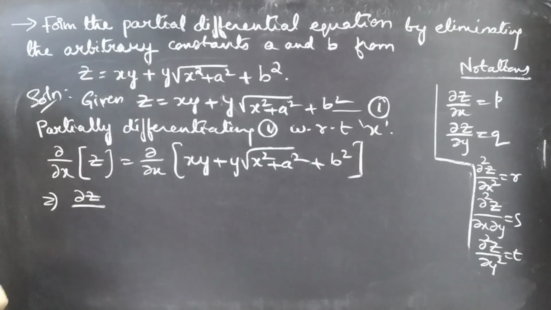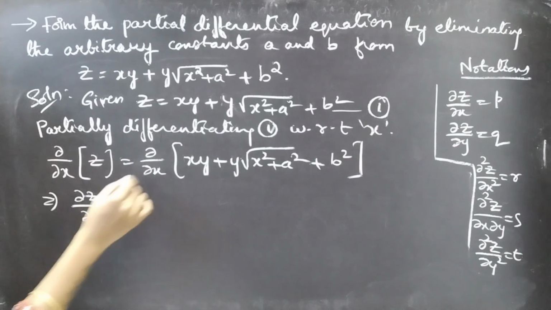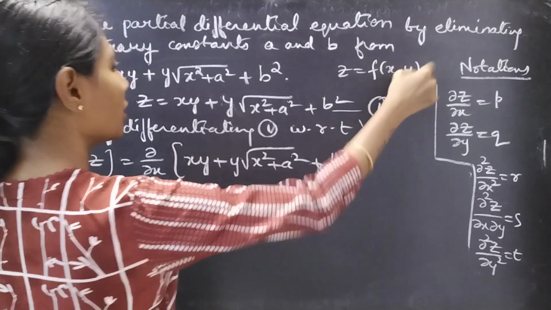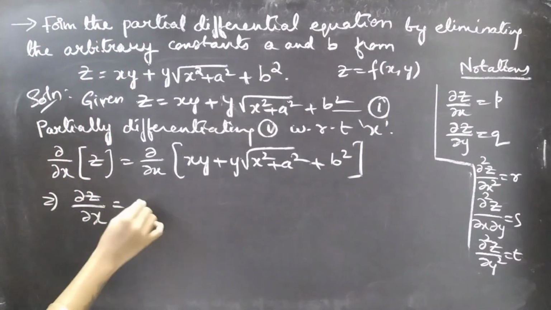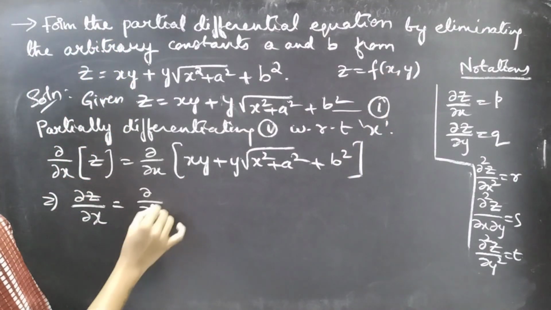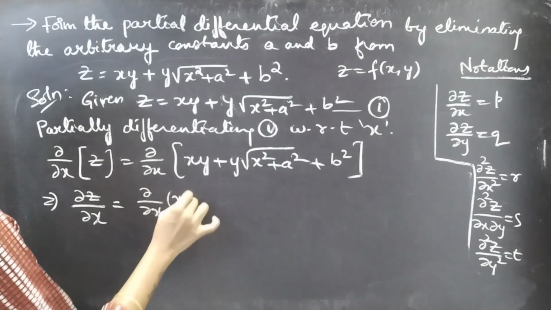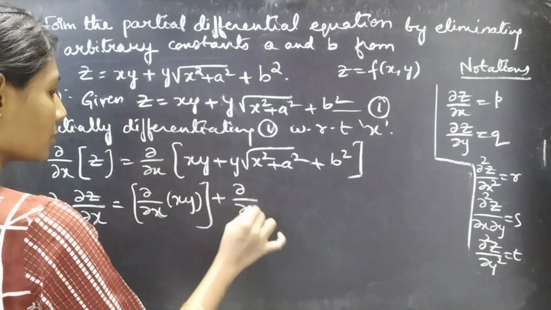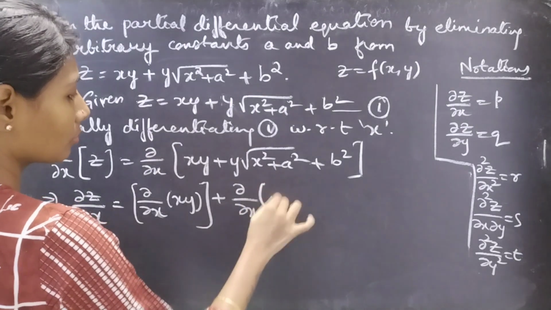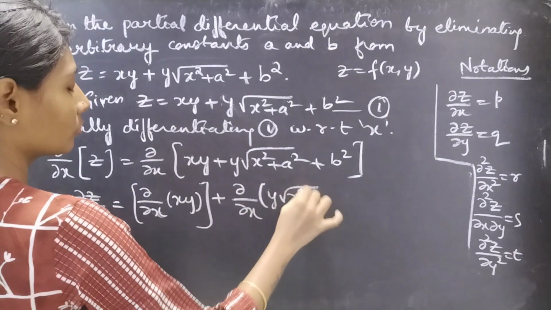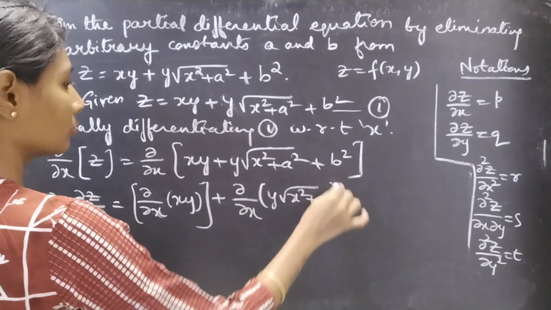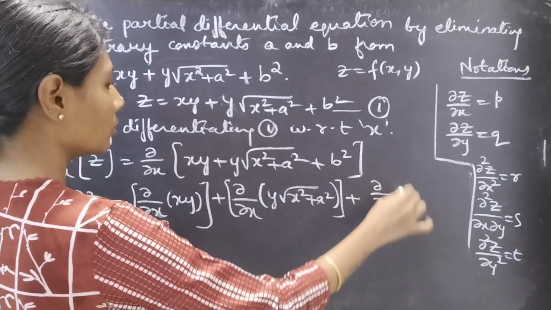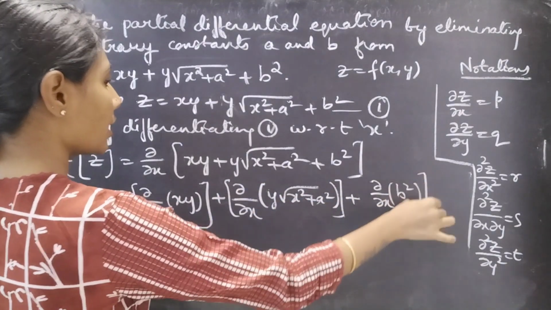Partial derivative of z with respect to x is dou z by dou x, since z is a function of x and y, where x and y are independent variables, equal to partial derivative of first term of RHS with respect to x plus partial derivative of second term with respect to x plus partial derivative of last term with respect to x.